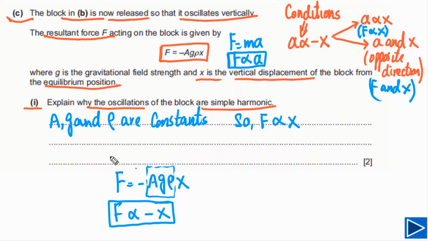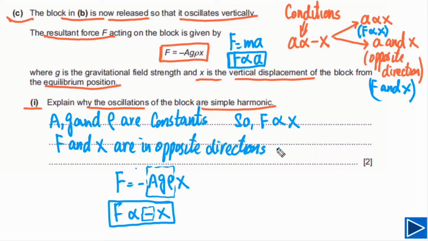In order to get second mark, we need to write down the second condition for simple harmonic motion, or simply we need to explain this minus sign. This minus sign simply tells us that F and x, they are in opposite directions. So we can say F and x are in opposite directions as indicated by negative sign.